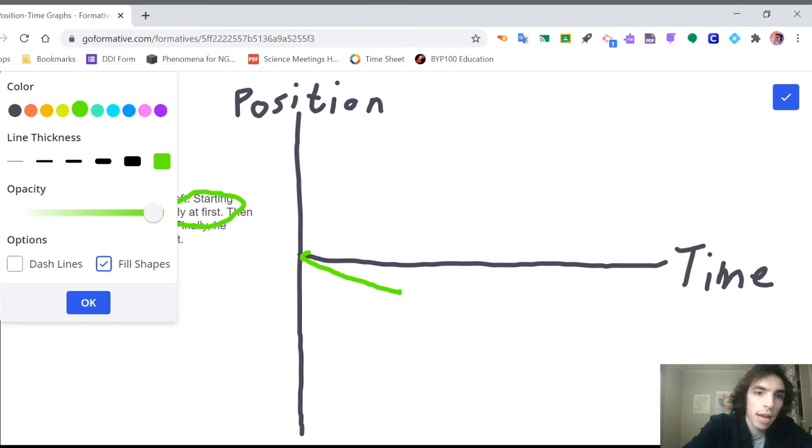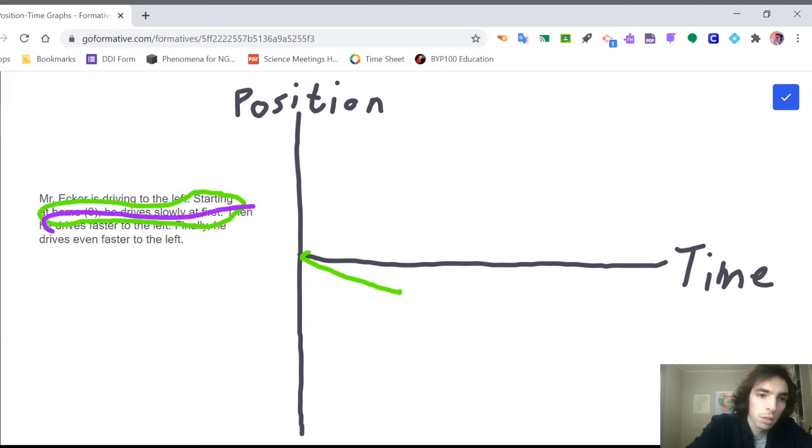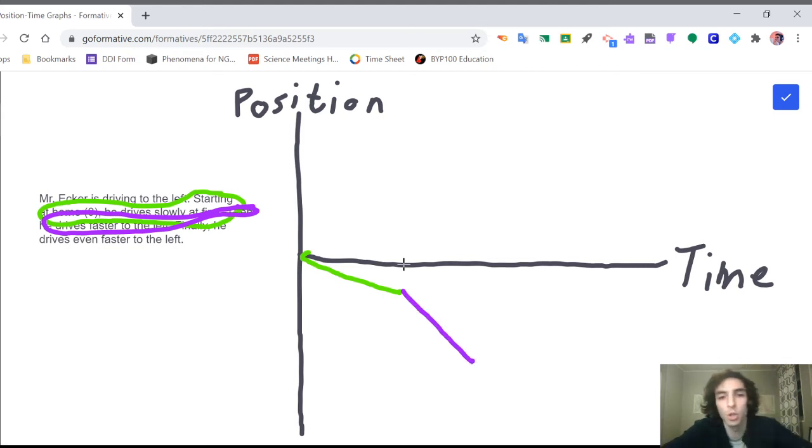Then I drive faster to the left. So I'm going to draw still a slope towards these negative numbers, but steeper because now I'm moving faster that way. Then at the end, I move even faster to the left.